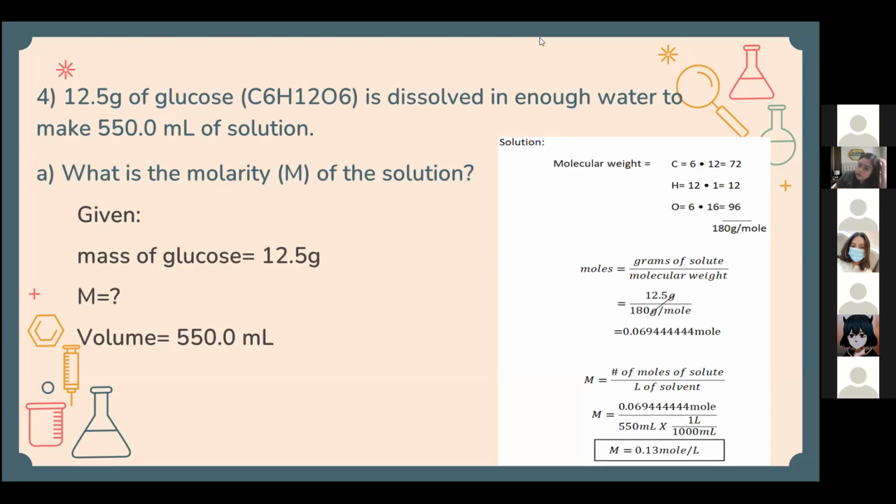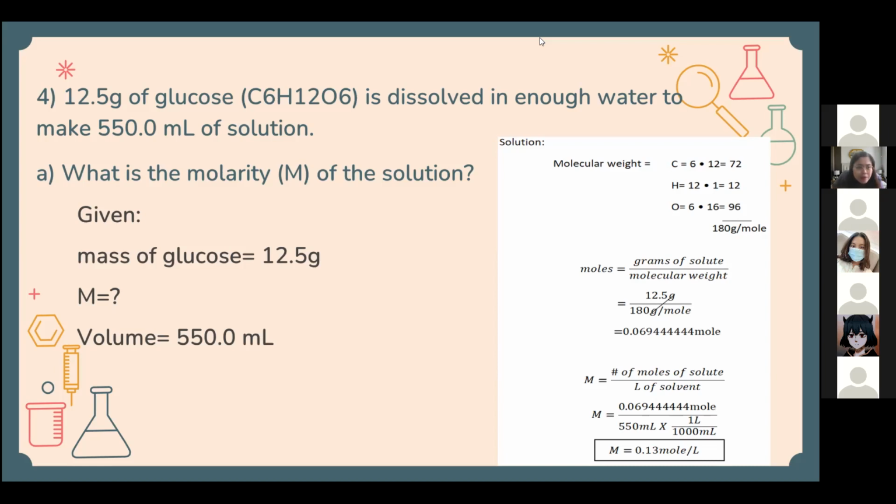So 550 times 1 liter over 1,000 ml is equal to 0.55 liters. If we divide that, we get the molarity, which is 0.13 moles per liter. Okay. Sige. This is, wait.